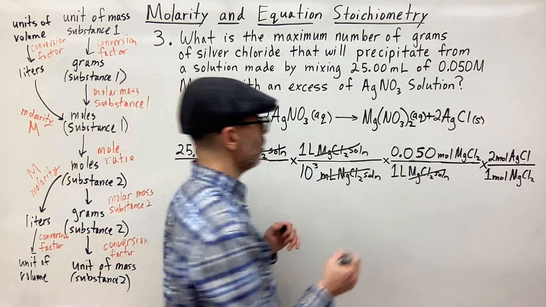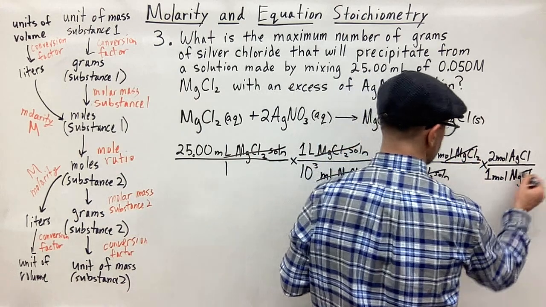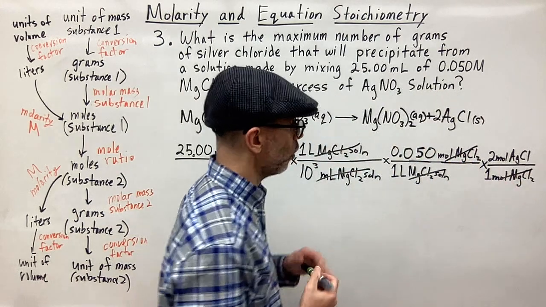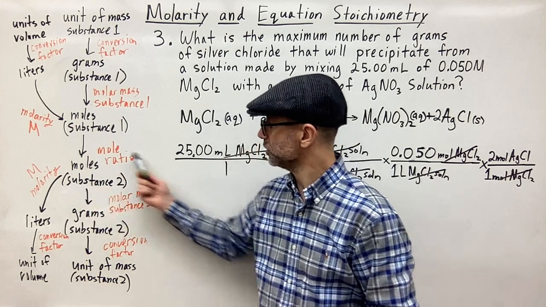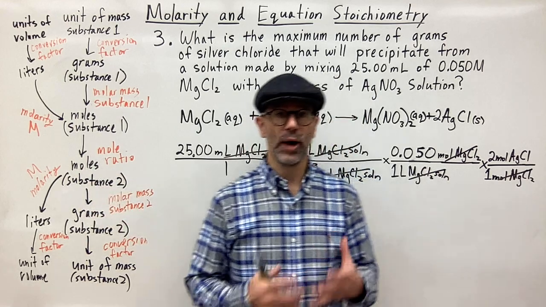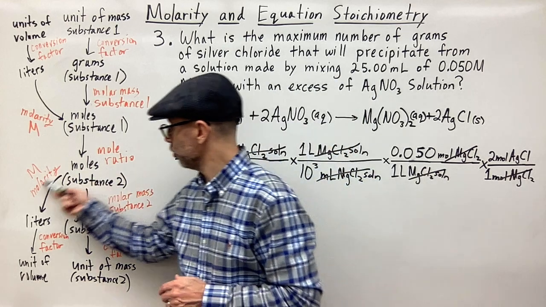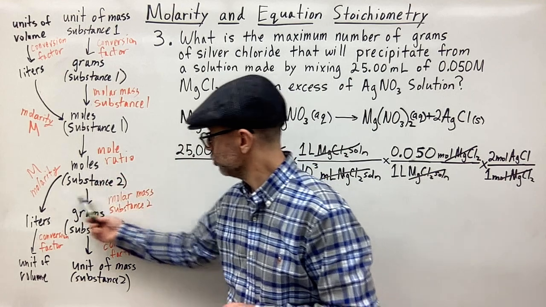So now moles of the magnesium chloride cancel out. Now I have moles of silver chloride. I am now here at moles of substance 2. Now they want grams. So I'm not going to go this way. I'm going to go this way to grams.